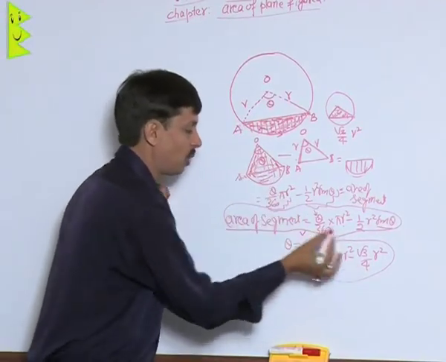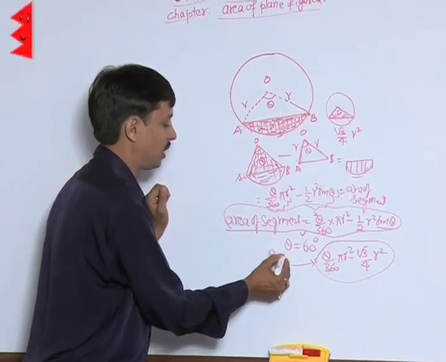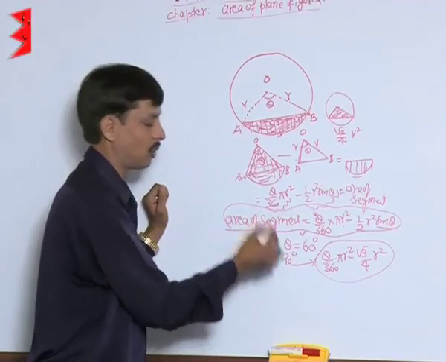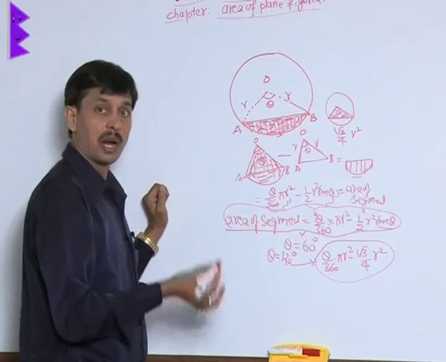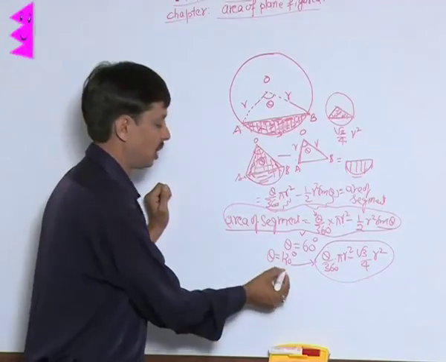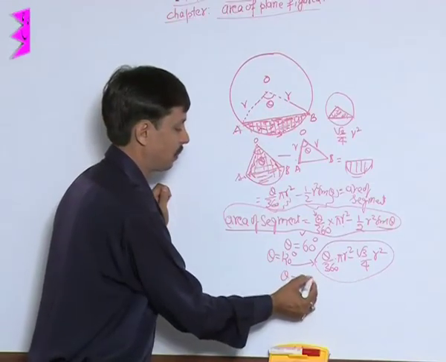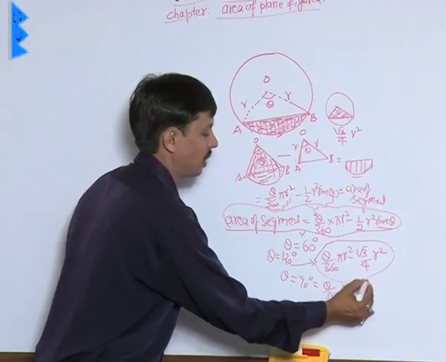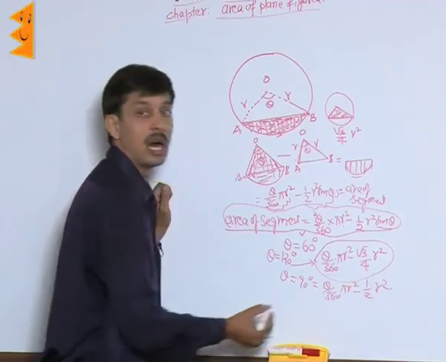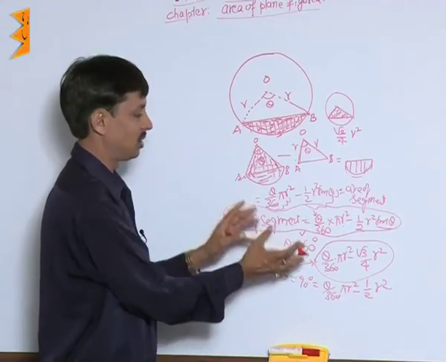The same formula is also applicable when theta is 120 degrees. You can verify. But if theta is 90 degrees, then the formula is theta by 360 pi r square minus half r square. So these are the results.